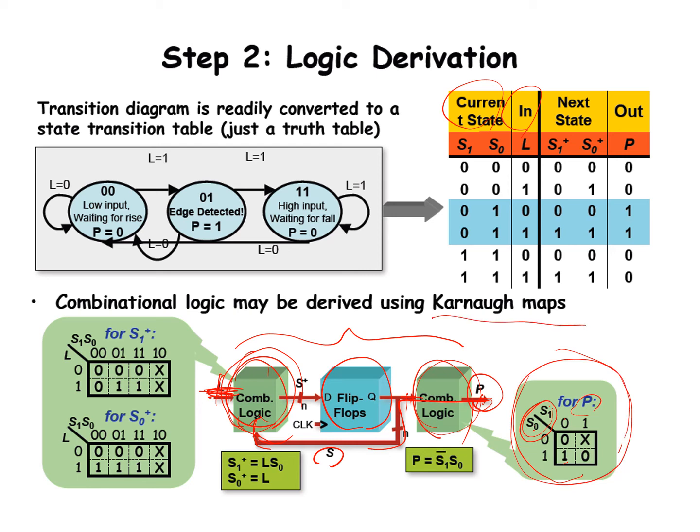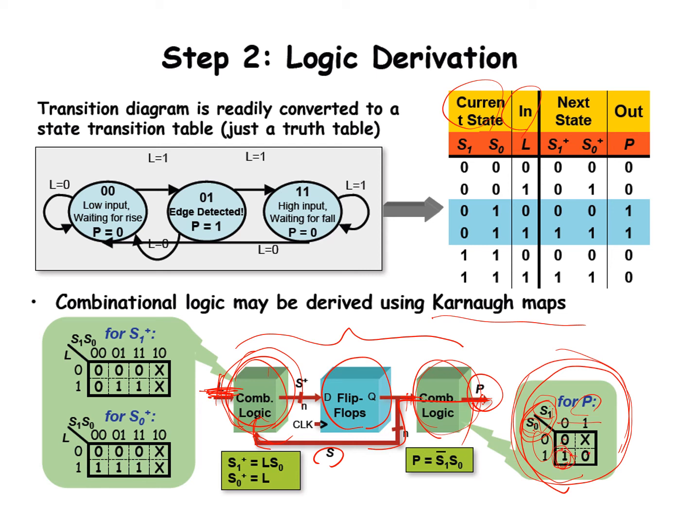For this kind of Karnaugh map, we have learned it in the undergraduate digital design course. So we put all the cases of S0 and S1 in here, and then fill in the output cases.